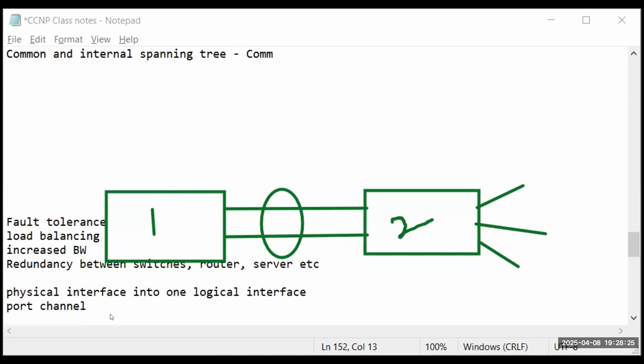So what would be the advantages of Ether channel? Most of the configuration commands or tasks we would otherwise do on each individual interface, ensuring configuration consistency throughout the links. Even if you apply any configuration on the logical port channel interface, it is directly applied to all the physical interfaces.